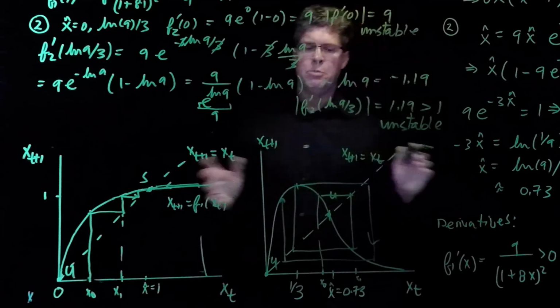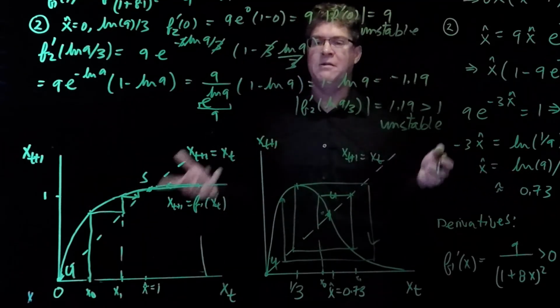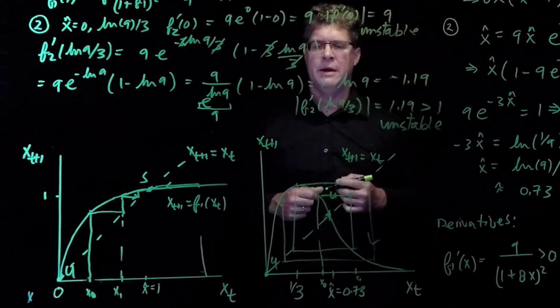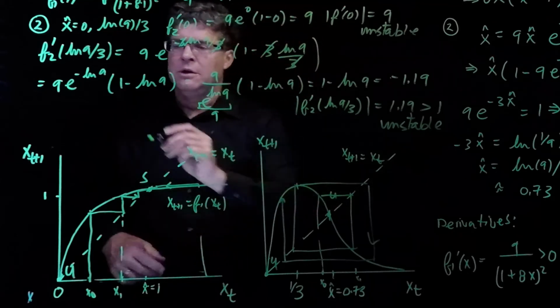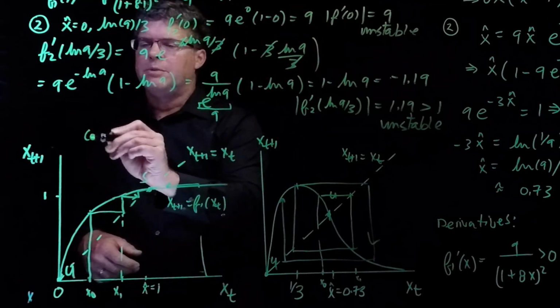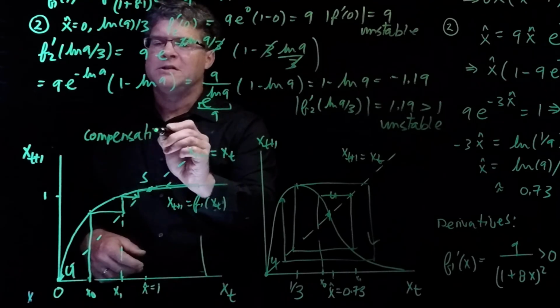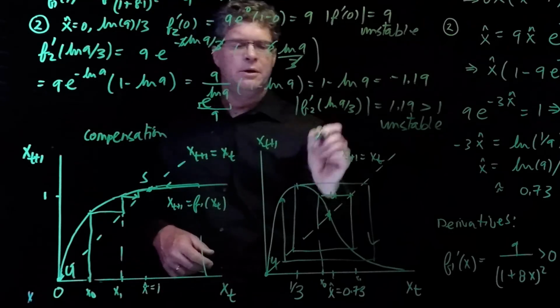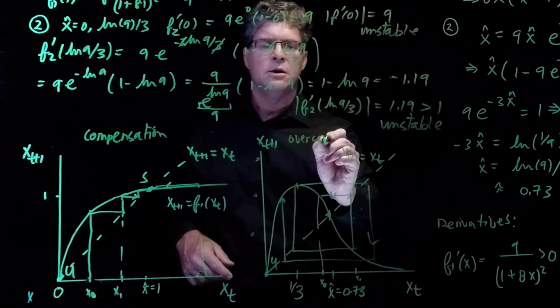And so this is the boom-bust kind of dynamics that we often see with fish populations. And this situation with the Beverton-Holt curve is often called compensation or compensatory dynamics. And then this one with the Ricker curve is often called overcompensation.